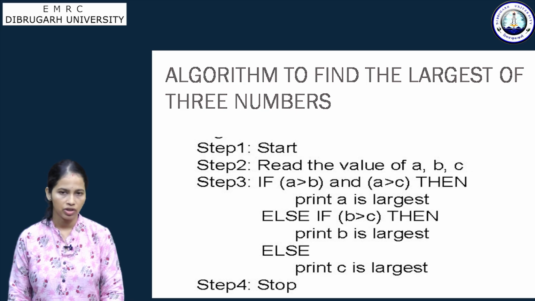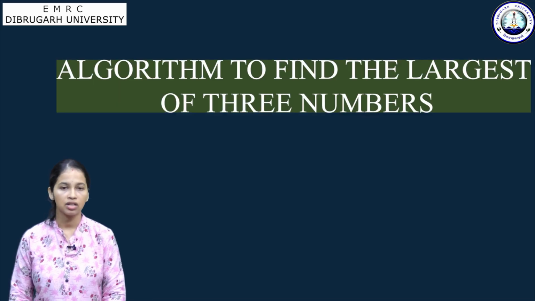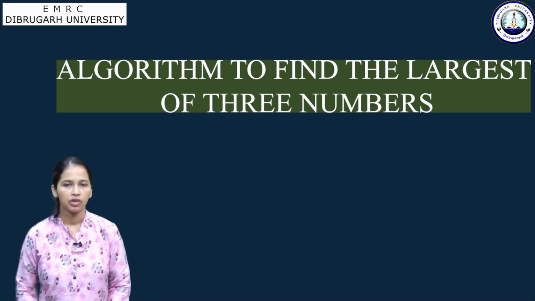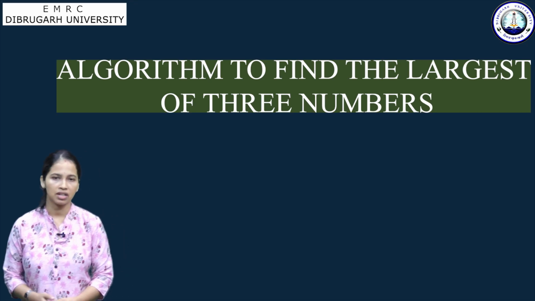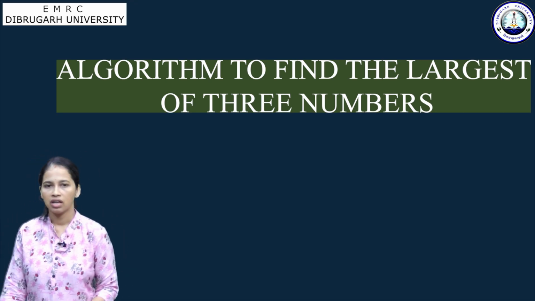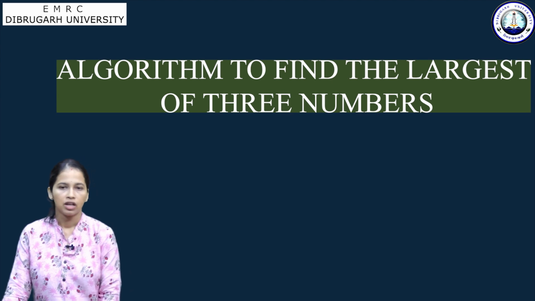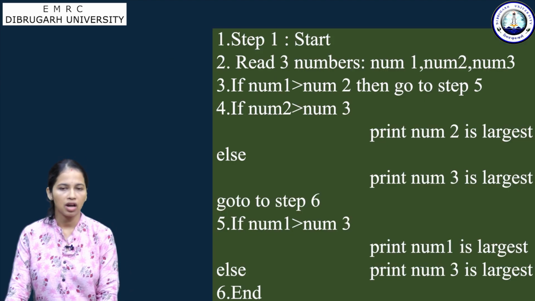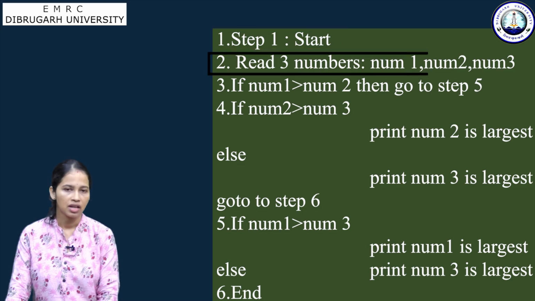There is another way to write an algorithm by using the go to statements. Okay. The same example I have taken to find the largest of 3 numbers. The first step will be to start with the start keyword, then we will read these 3 numbers as num1, num2 and num3.